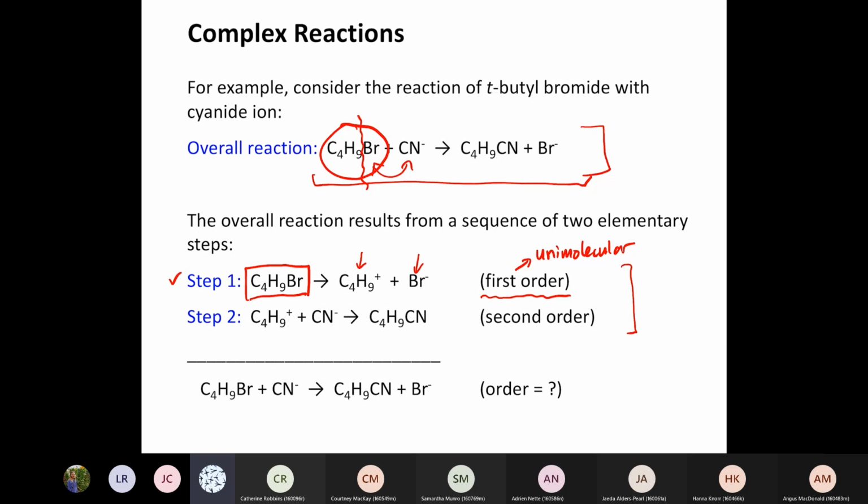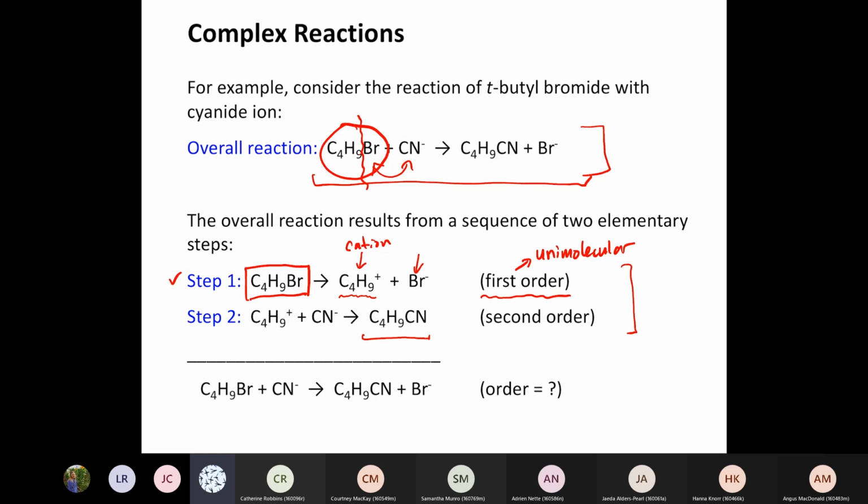Then there's a second step where this cation that is a product of the first step is a reactant in the second step. That cation then reacts with cyanide to make C4H9CN.